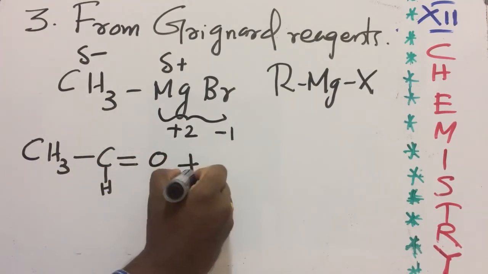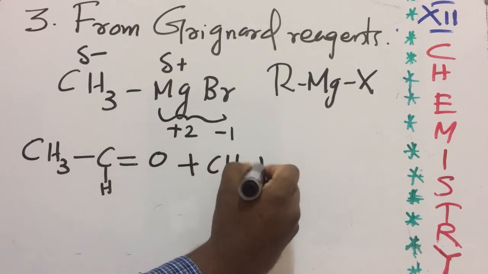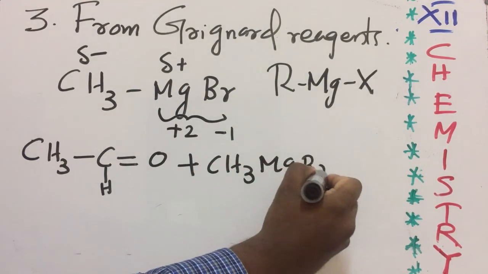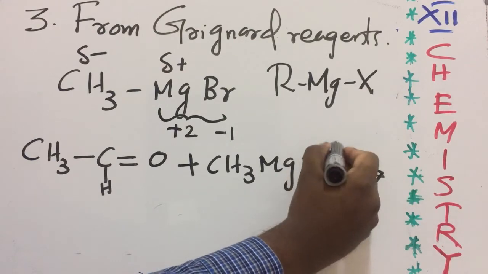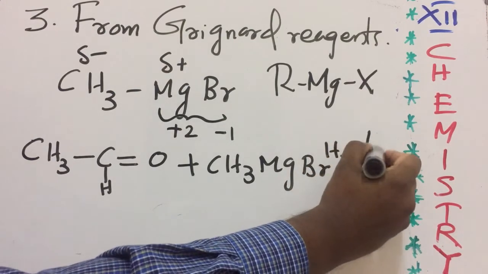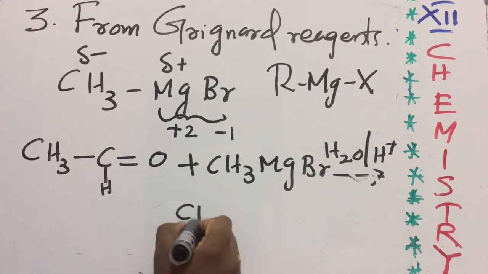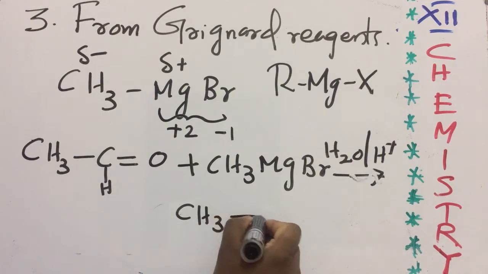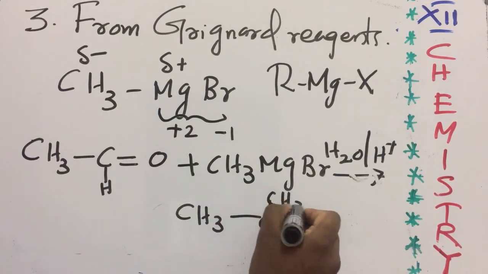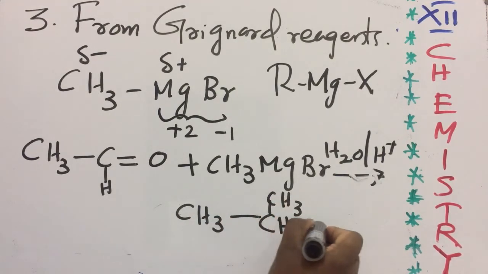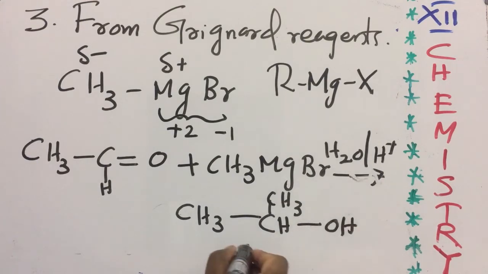React it with the Grignard reagent CH3MgBr in presence of H2O and acid, and the product is CH3CH(OH)CH3. So we get a secondary alcohol.